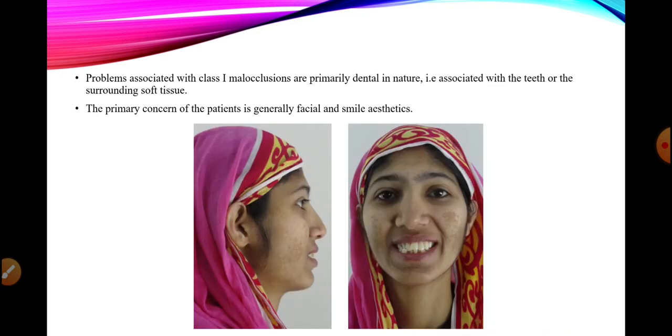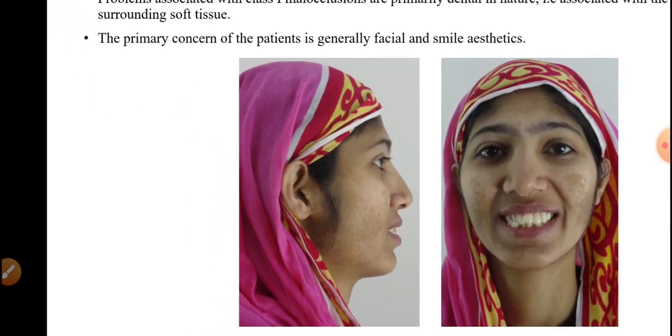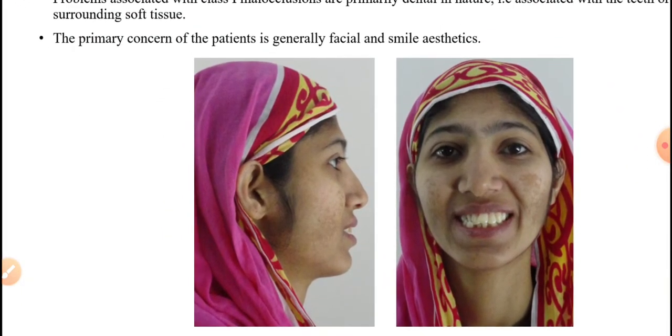So the problems associated with class 1 malocclusion are dental in nature and are associated with the dentition or the surrounding soft tissue in case of bimaxillary proclination. The patient usually presents to you with a concern of smile aesthetics. There are no other concerns about the jaws or the facial profile.